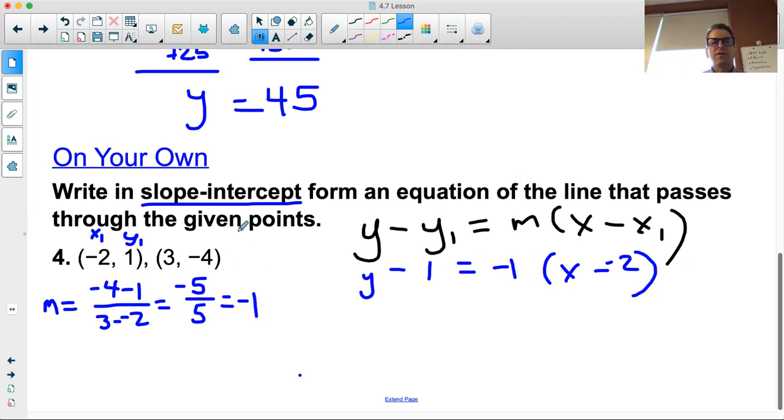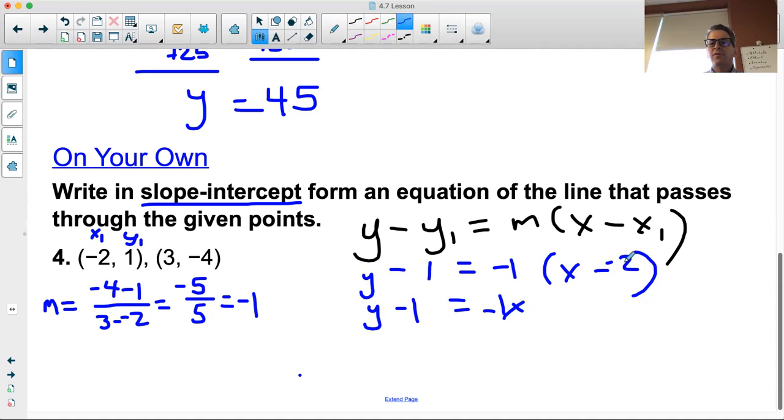All right, so what we need to do now is take our starting equation from point-slope form and convert it to slope-intercept. And we do that by basically solving for y. So do our distributive property. We got some cleaning up to do over here, and then solve for y. All right, so this is y minus 1 is equal to negative 1 times x, which is negative 1x.